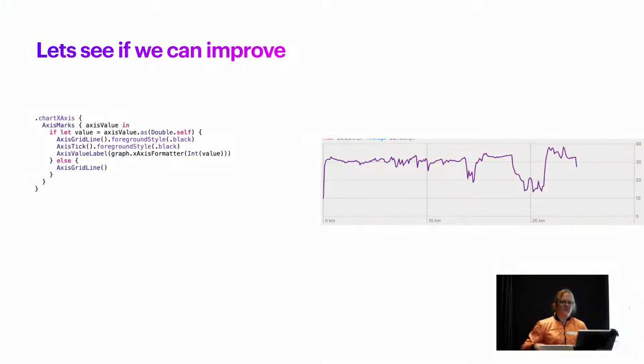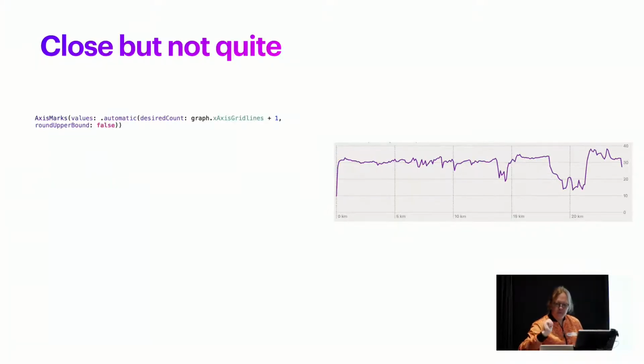So here I'm using a helper function that I've defined to take your raw value and apply the unit of measurement to it. If it doesn't actually give us a value we can use, we just say, okay, draw a grid line. Starting to look a little bit better, but I think we can keep improving.